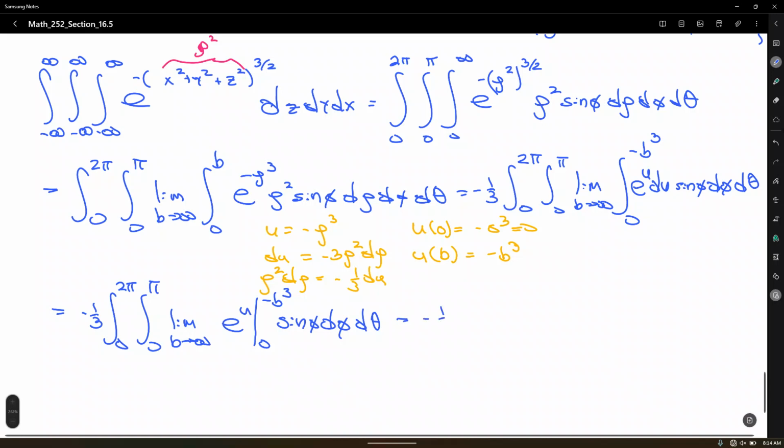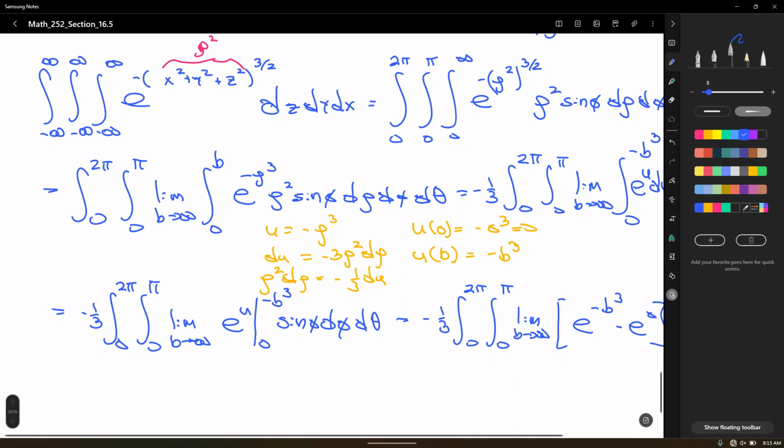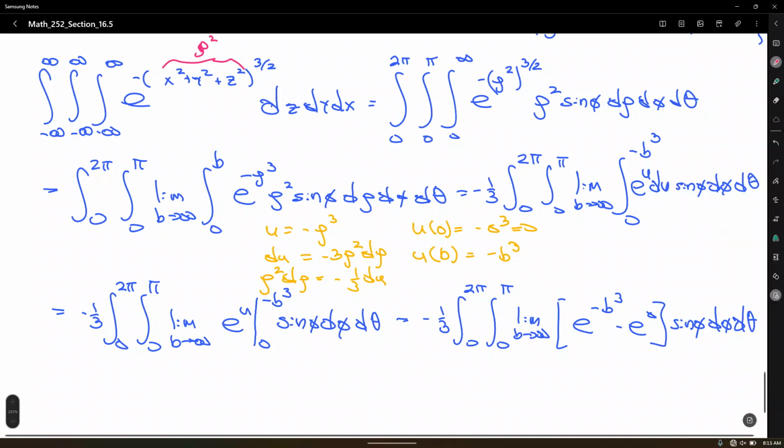So that's negative 1/3 integral from 0 to 2 pi, integral from 0 to pi, limit as b approaches infinity of the quantity e to the negative b cubed minus e to the 0, times sine phi d phi d theta. Right? Now let's compute this limit.